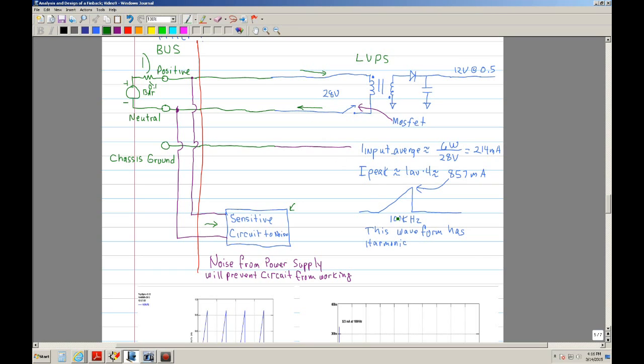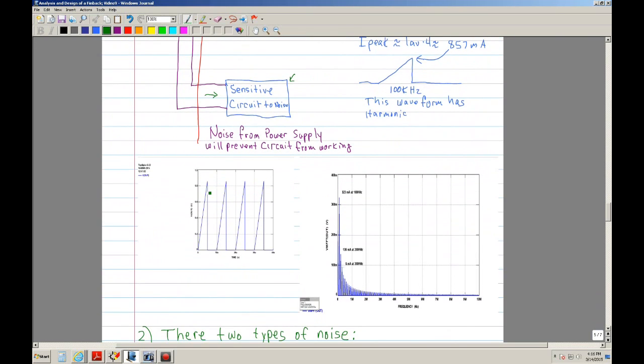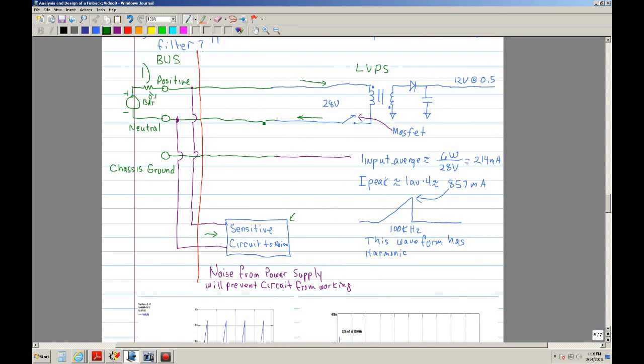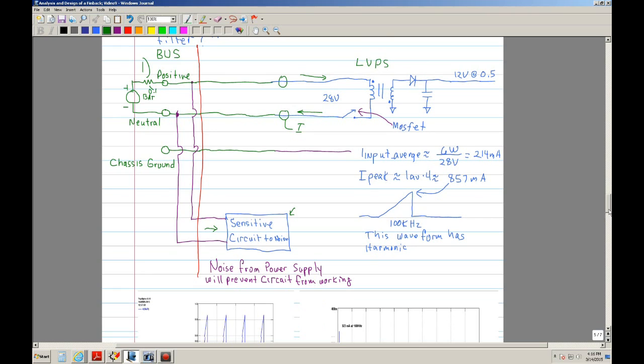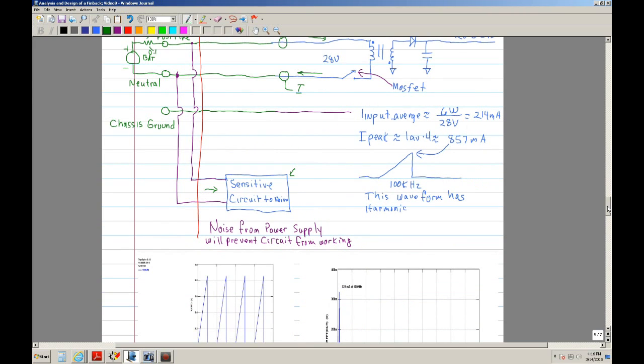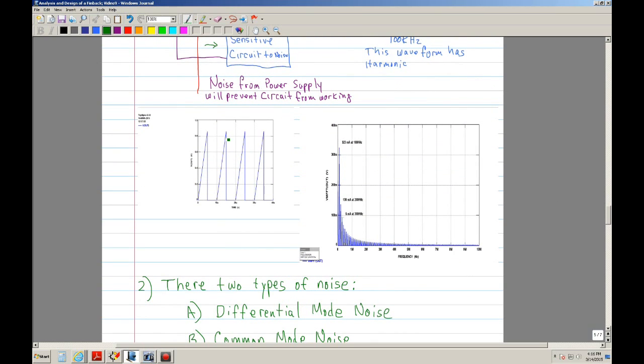Now the waveform would look like this if you do put a current probe on either the positive or the neutral side and measure the current. You'll get a current that will look like this. Okay, so this is the transient.